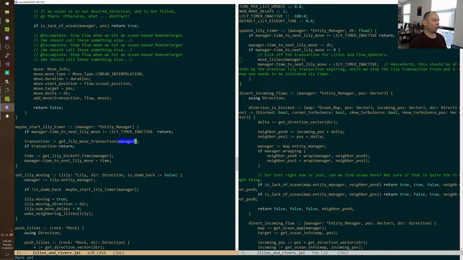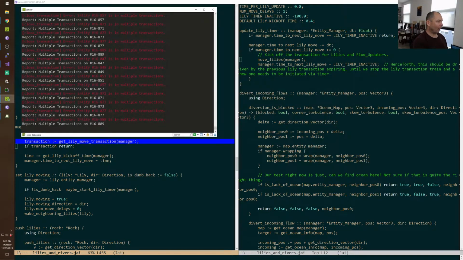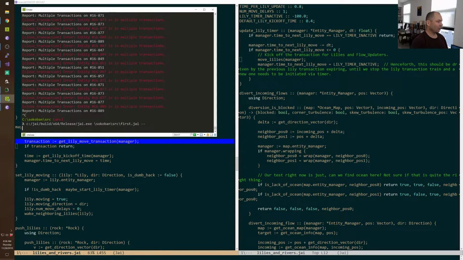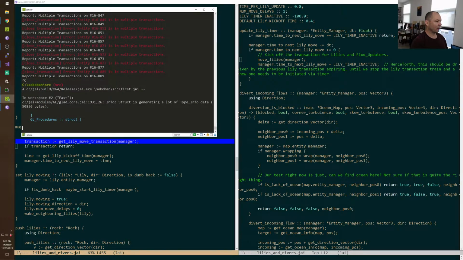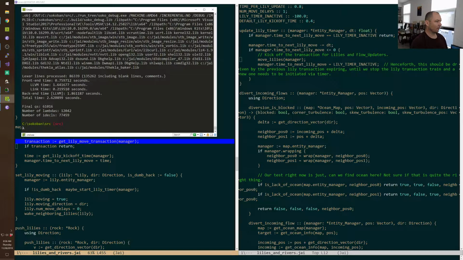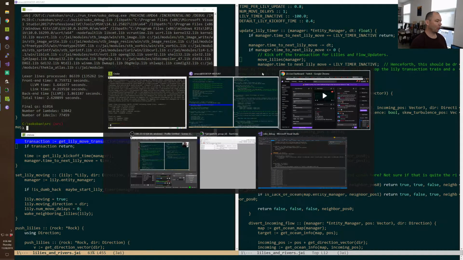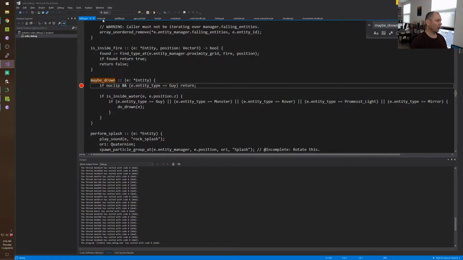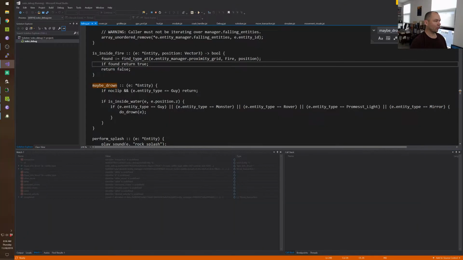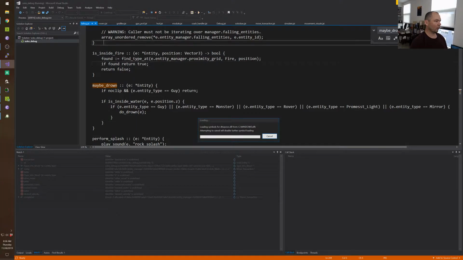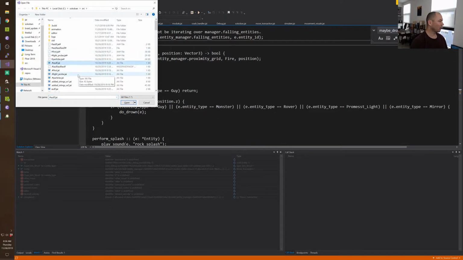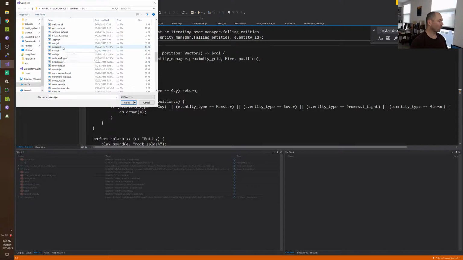Now, the way I would bulletproof this is check if we have a transaction here, right? That would solve this problem. But I want to know why the problem is happening because this is a little bit scary. See, sometimes you could solve a problem but be masking something else. And this is maybe one of those times.